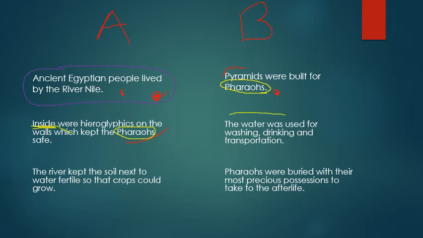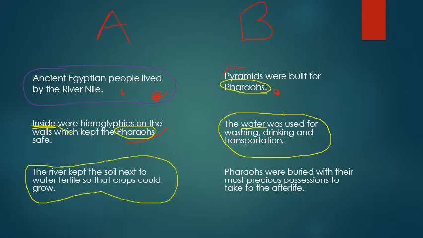All right, the water was used for washing, drinking, and transportation. Which of these would you link water with? Down here, the river kept the soil next to the water fertile so that crops could grow. Again, this word river. And the final statement, pharaohs were buried with their most precious possessions to take to the afterlife.